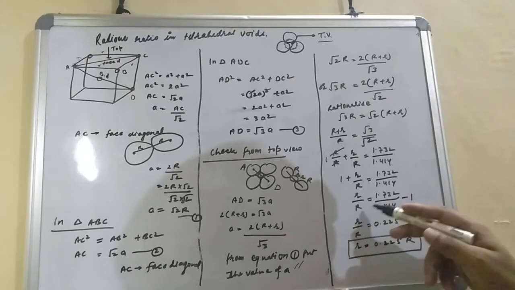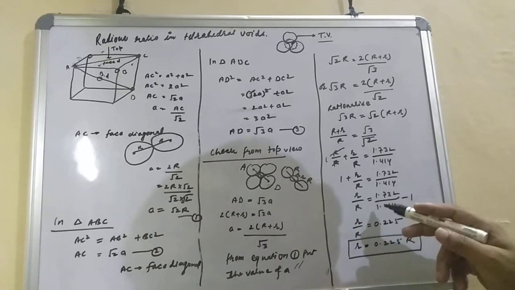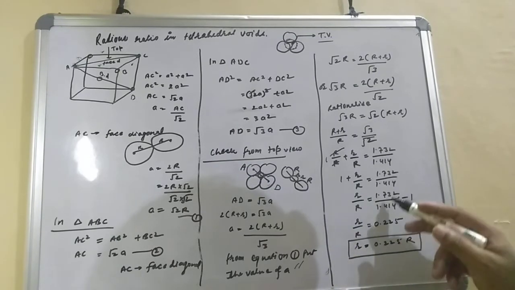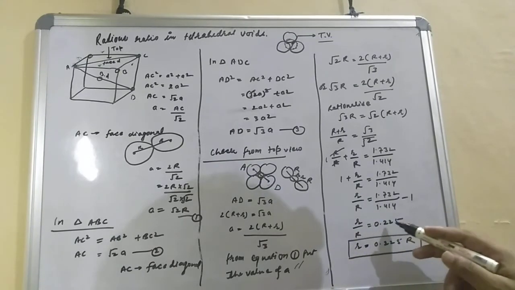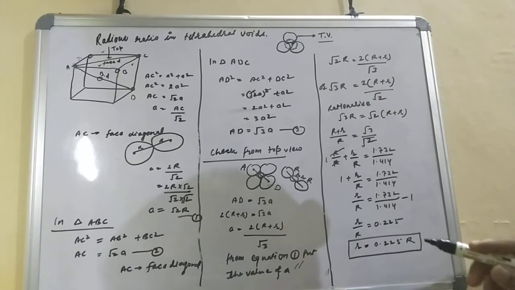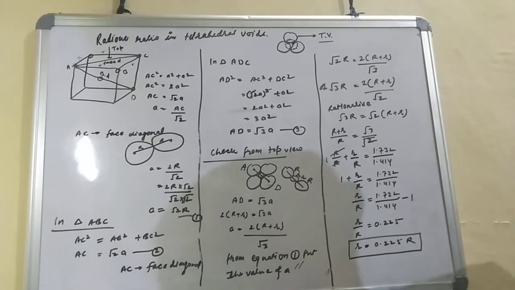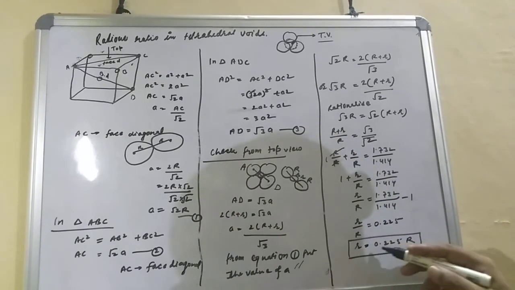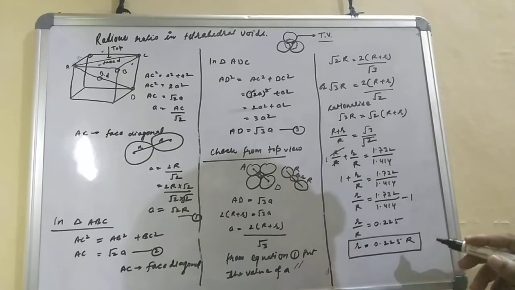So small r upon capital R equals 1.732 upon 1.414 minus 1, and after calculating this you will get 0.225. So the radius ratio of the void to the sphere is 0.225. Small r equals 0.225 capital R.